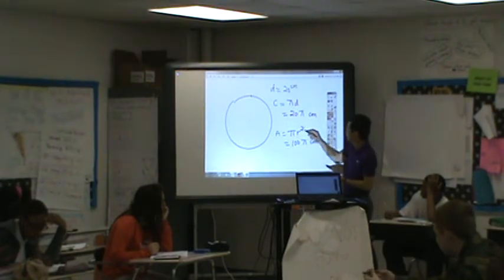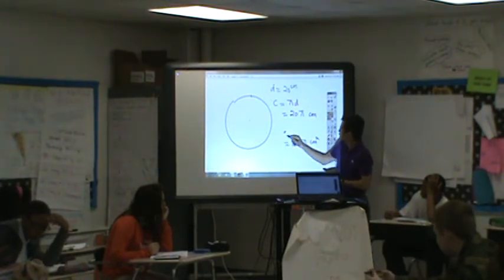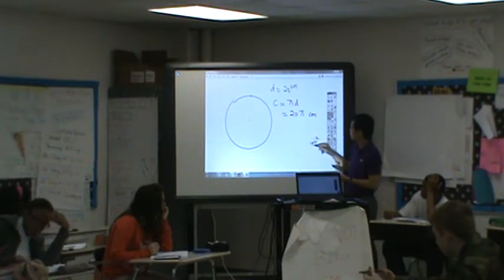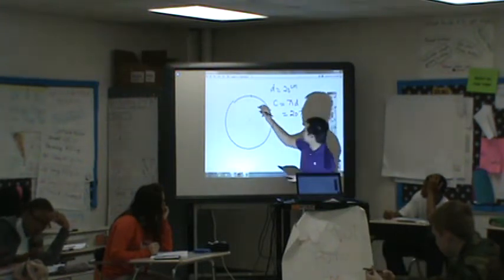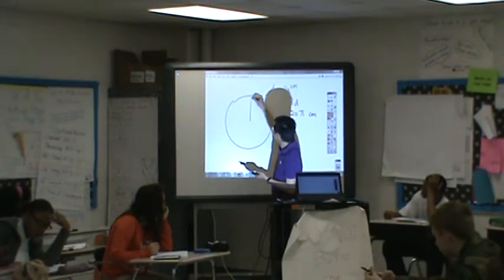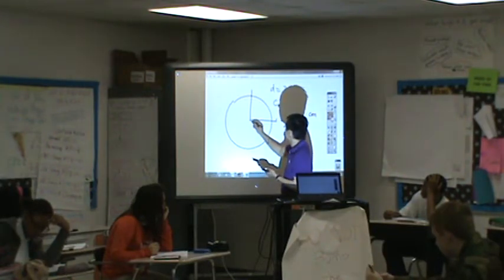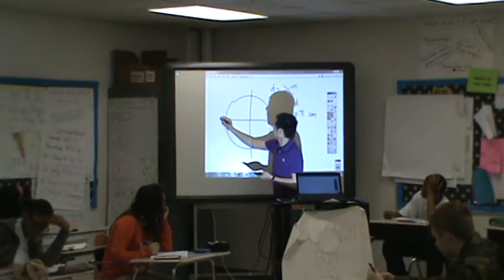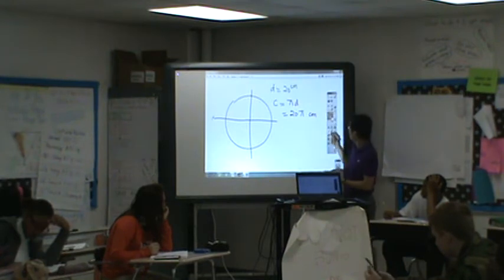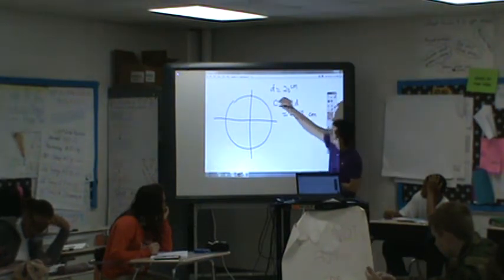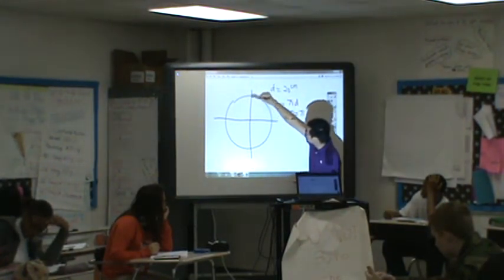Now we're going to go to arc length and sector area. I'm going to erase this part, and we're going to take a look at the arc length first. I'm going to divide this circle into 4. And I want to find how long it is from here to here.